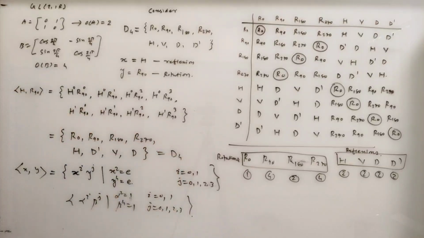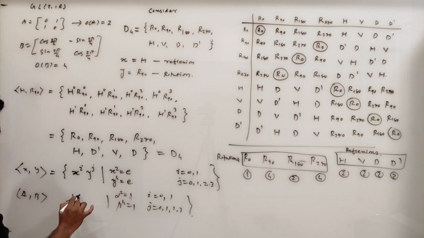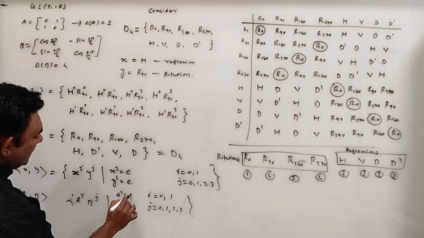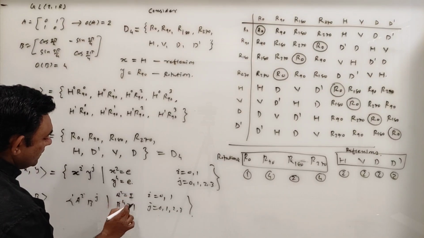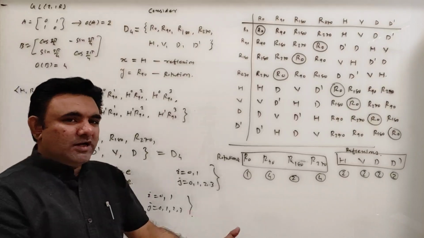You just verify it. So A और B, I will consider this AB, A raised to i, B raised to j. A square will be identity matrix and B raised to 4 will be identity matrix, and this varies from this. So you will get 8 elements.